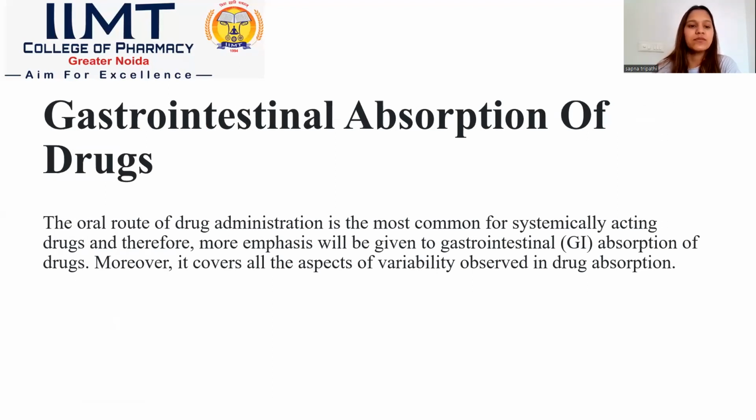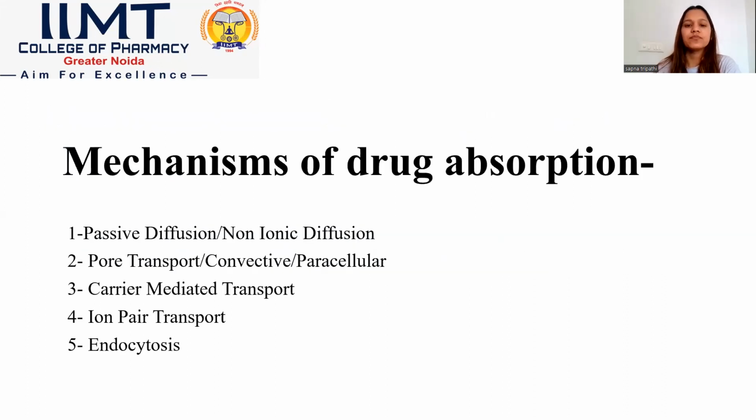Gastrointestinal absorption of drugs. The oral route of drug administration is the most common for systemically acting drugs, and therefore more emphasis will be given to the gastrointestinal absorption of drugs. Moreover, it covers all the aspects of variability observed in drug absorption. Next, the mechanism of drug absorption.